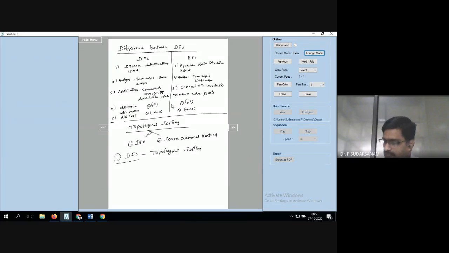Copy the problem first. Solve the following diagram using topological sorting.